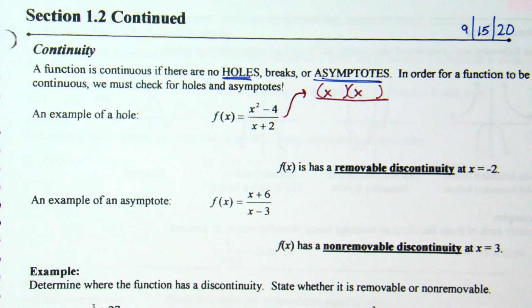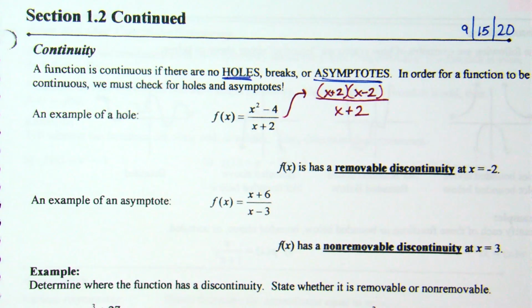Two parentheses. x squared breaks into x times x. The square root of 4 is 2. If it multiplies to be minus 4, we're going to say plus and minus 2. The denominator of x plus 2, does it factor? No. x plus 2 just stays x plus 2.